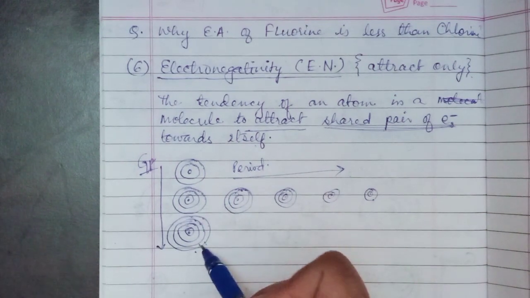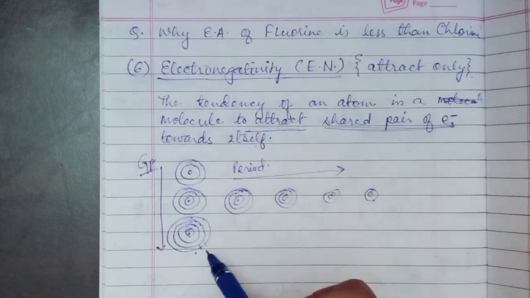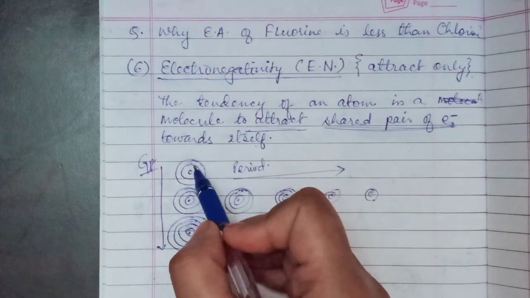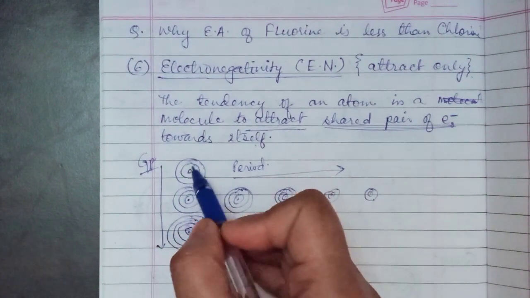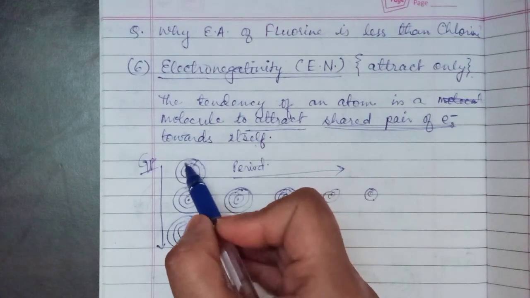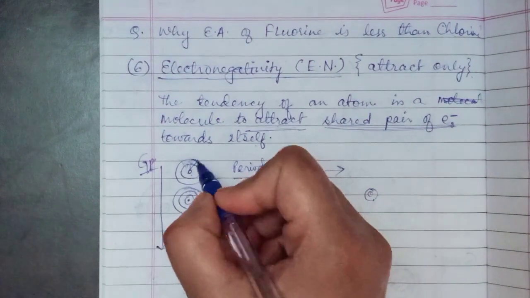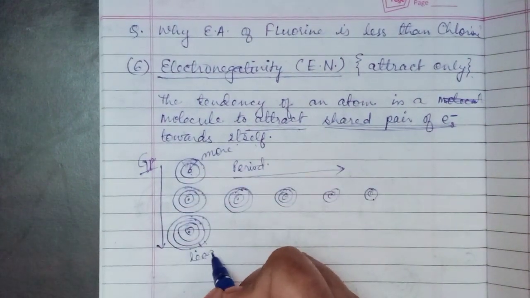So here the attraction power to attract the electron for the bigger atom will be less, and for the smaller atom the nuclear pull is more because the number of shells is less. So the attraction will be more here and least here.